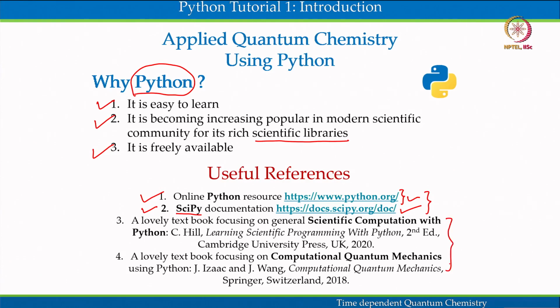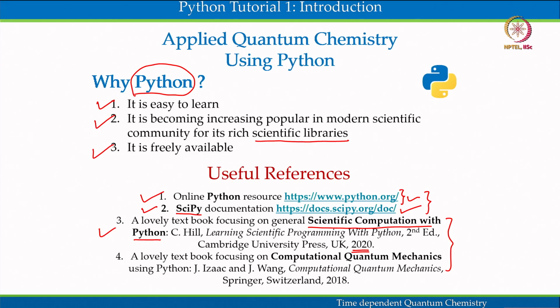They are lovely textbooks. The first one, this one, Scientific Computation with Python, is a very new textbook. One can learn different scientific programming with Python, not necessarily useful for quantum mechanical problems, but for scientific problems in general.